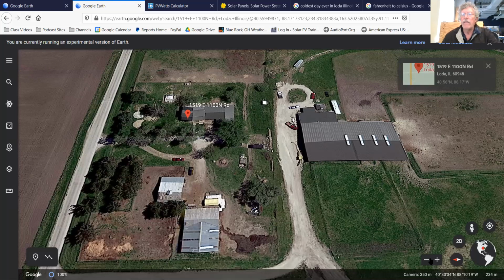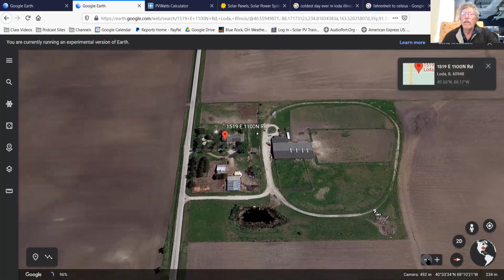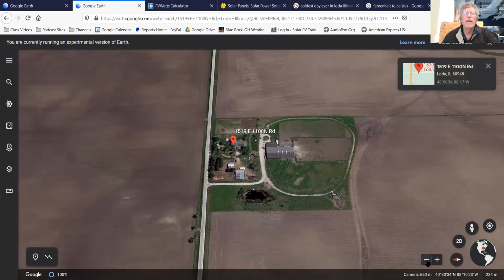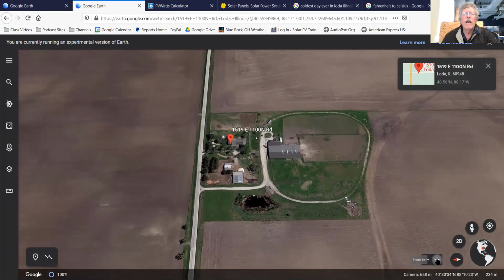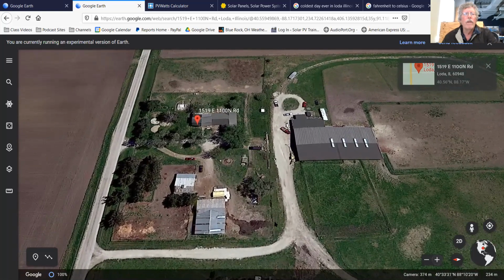In fact, if I scan out a little bit, you'll see it really looks sort of in the middle of farmland there. I can't really tell, and of course the student's not on the call at the moment, what this is. It looks like that might be a pen of some sort, so it might actually be some sort of animal processing facility, feeder lot, something like that.